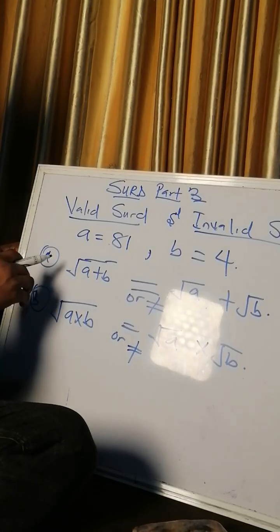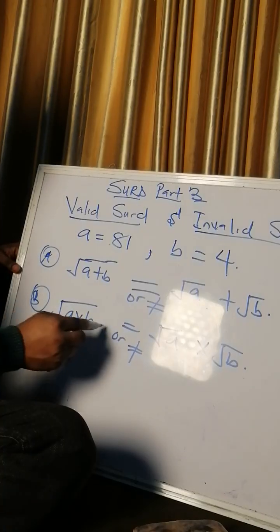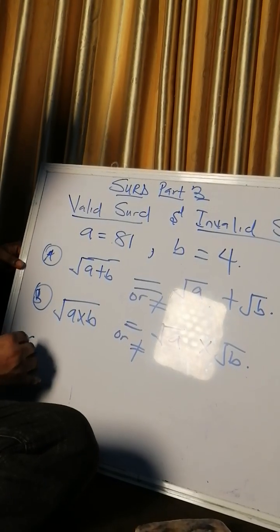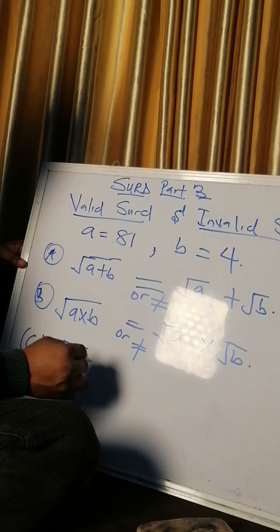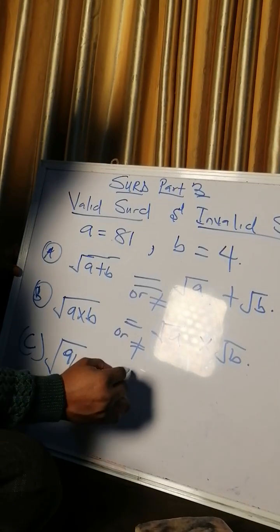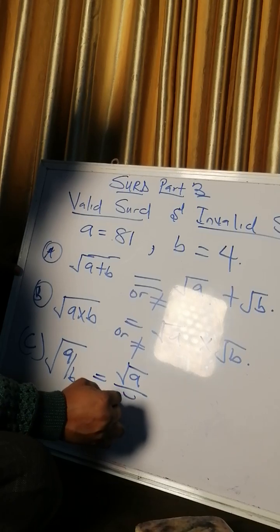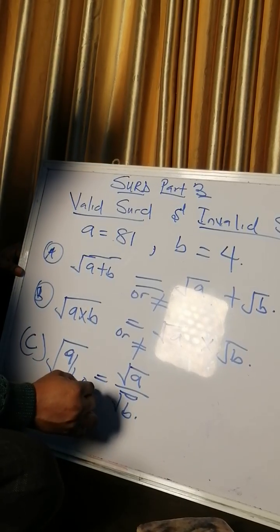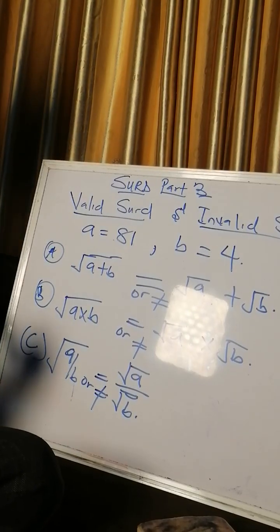Do you understand now? Is it equal to this or not equal to this? So for C, we can say A over B, is it equal to root A over root B, or not equal to? Okay, so that's another part of it.